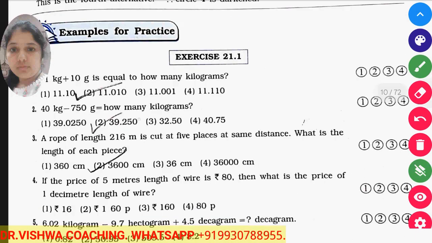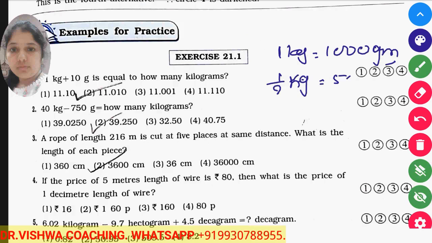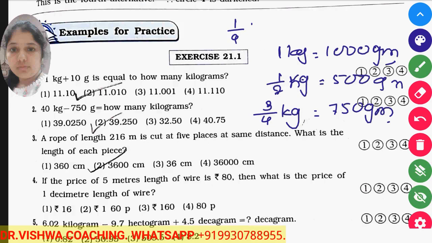Now the next one, 40 kg minus 750 gram you have to do. Now you all know that in 1 kilogram there is 1000 gram. Half kg is equal to 500 gram. 3 by 4 kg is equal to 750 gram. And 1 by 4 kg is equal to 250 gram.